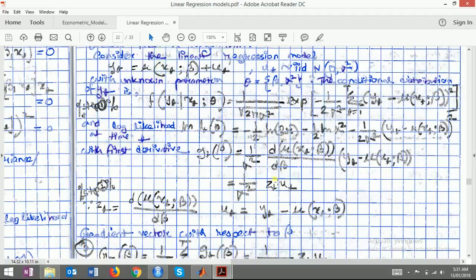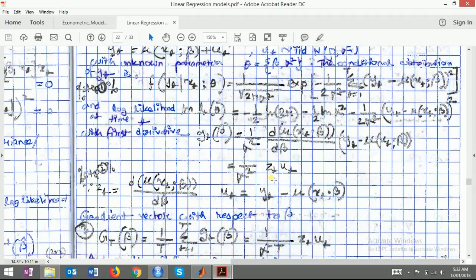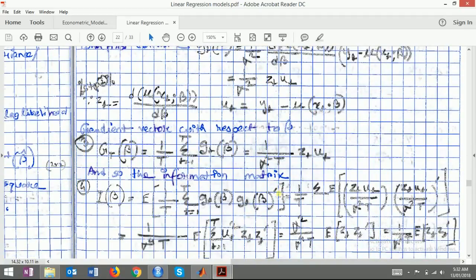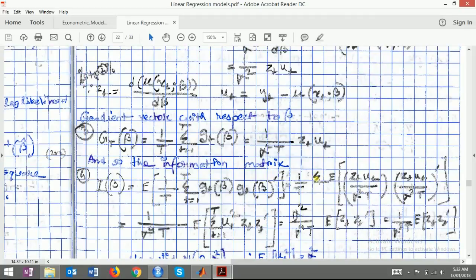So we have the first derivative to be 1 by sigma square, zt ut. The gradient vector with respect to beta is 1 by t, g, well, the gradient vector of beta, which is 1 by sigma square, t, zt ut. So simply 1 by t is added here.